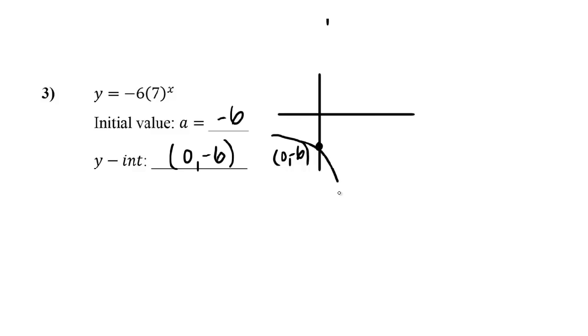So as we go to the right, that distance is going to get larger and larger. This is actually exponential growth, because 7 is bigger than 1. It's just growth in the negative direction. A little tricky, but that's all we have to do for the first couple of problems. We're going to use this idea when we graph these exponential functions.